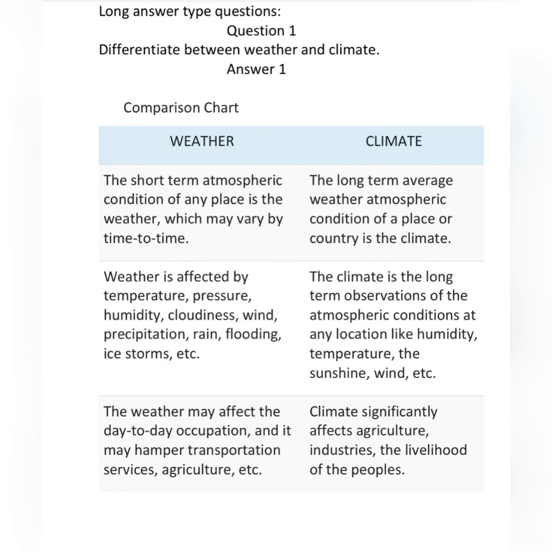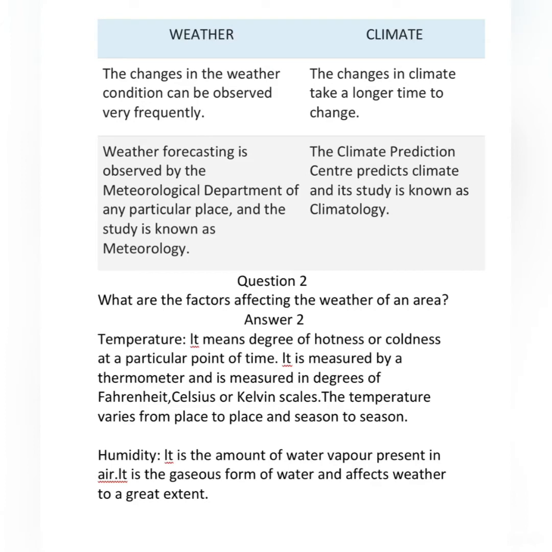The weather may change frequently and climate takes a longer time to change. Weather forecasting is done by the meteorological department at any particular place and the study is known as meteorology, and the climate prediction center predicts the climate and its study is known as climatology.